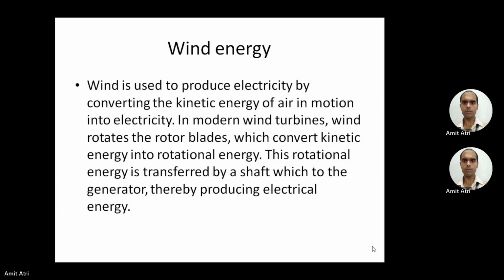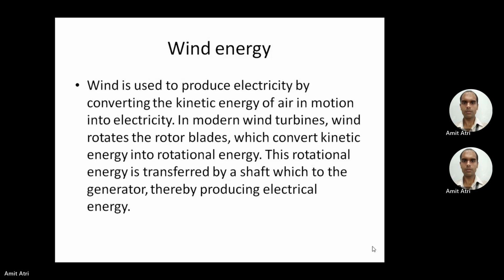In modern wind turbines, the wind rotates the rotor blades, which convert kinetic energy into rotational energy. Okay, this rotational energy can be transferred by a shaft to the generator, thereby producing electrical energy. How does it work?